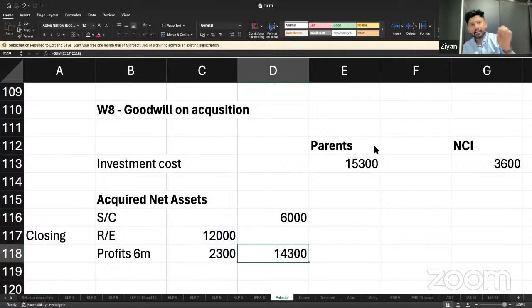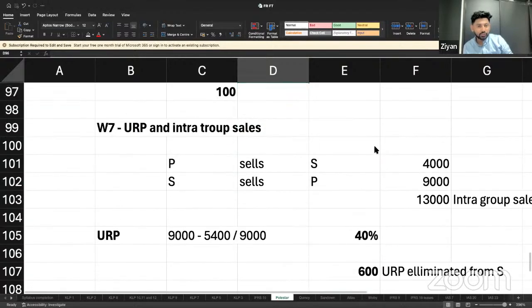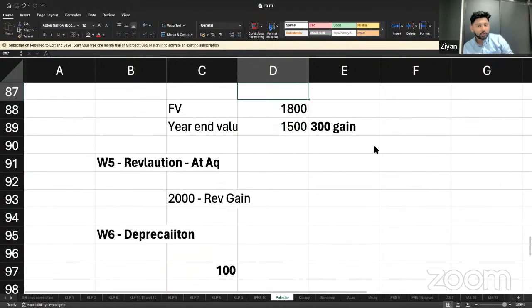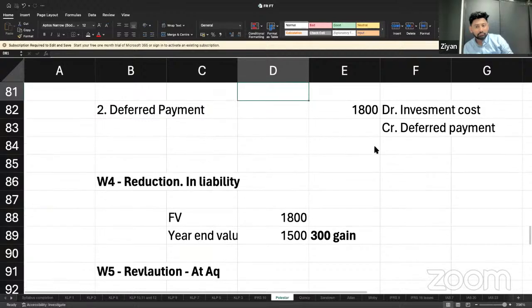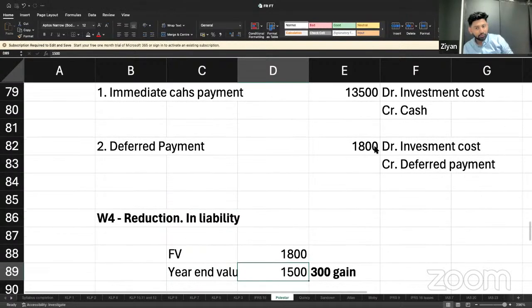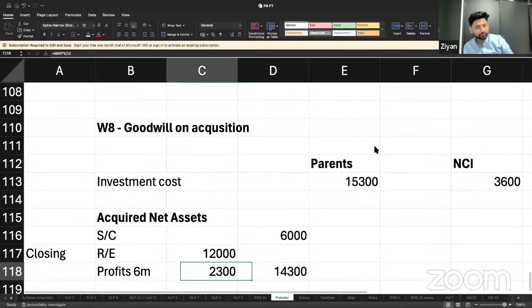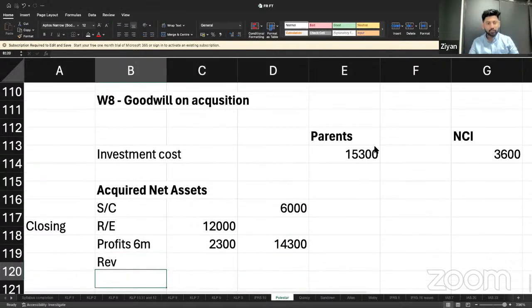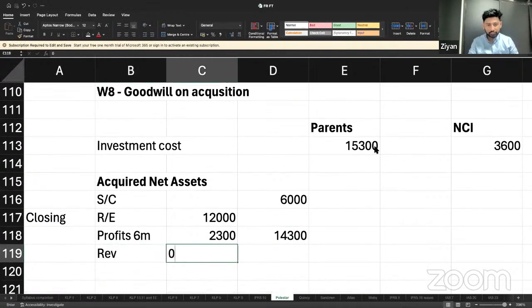14,300. Did I make any adjustments now to this? You go back to the at acquisition workings. Okay, there's revaluation. Anything else? Except for revaluation, there's nothing. Therefore, revaluation at acquisition is 0.